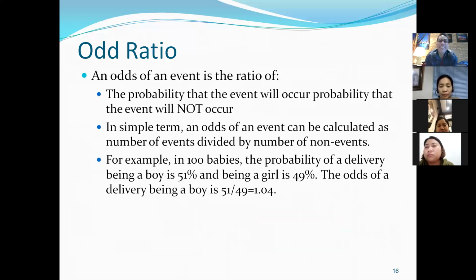So that's basically what odds ratio is all about. It's the odds of an event that can be calculated as the number of events divided by the number of non-events. So the event would be being a boy, and the non-event would be being a girl, and then you will have the odds ratio.